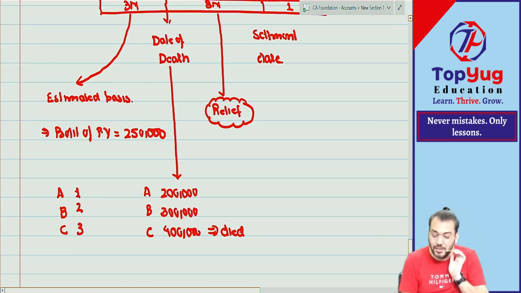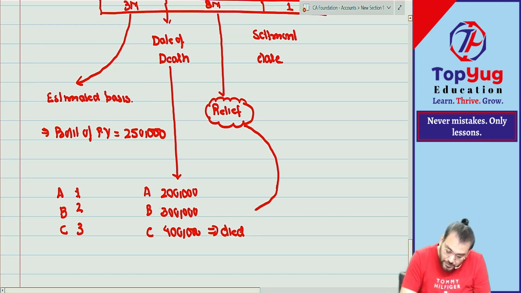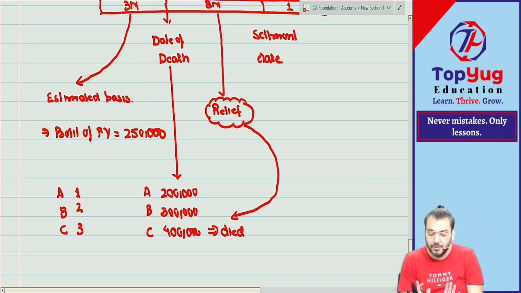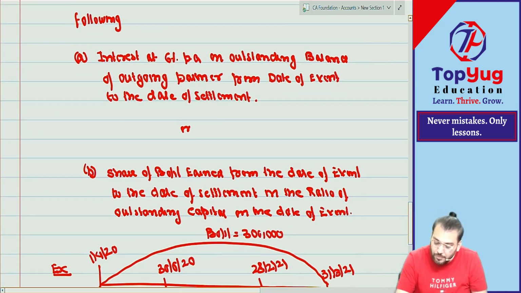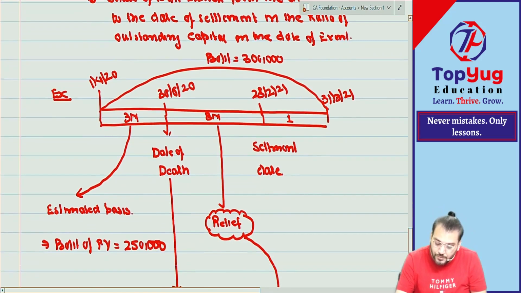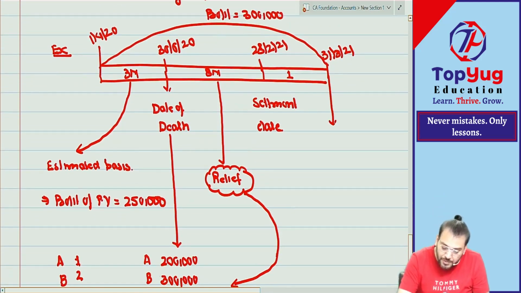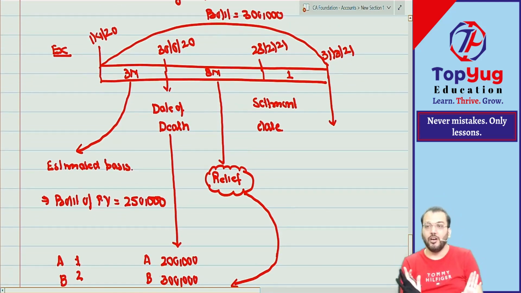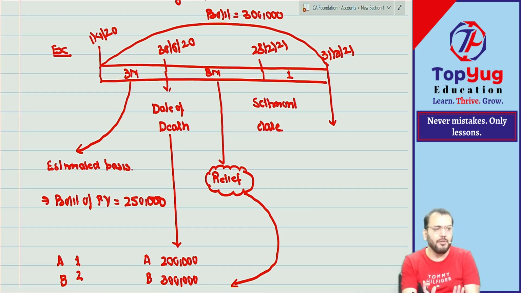Correct. So can you say who will be entitled to relief? C. Now relief understood. Then at year end we'll prepare PL appropriation account. I hope you are understanding what I am saying. Correct. This is one question I have given which will cover all the points.